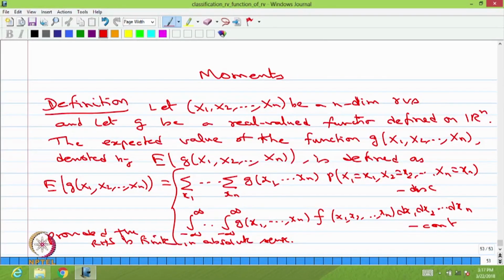The same proviso is extended to the n dimensional random variable, and we are finding the expected value of the function g of random variables. When we say g is a real valued function, we assume that it is a Borel measurable function. In that we are finding the expectation of g of X1, X2, Xn. Again, we are not finding the distribution of g of X1, X2, Xn. We are directly computing the expected value of the random variable g of X1, X2, Xn.